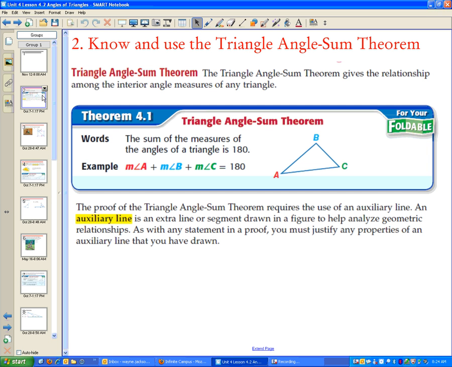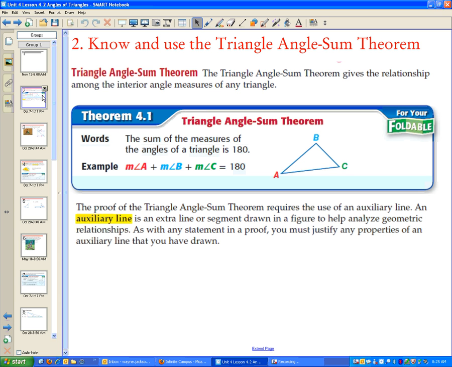On page 244, we have the triangle angle sum theorem, and this gives us the relationship among the interior angle measures of any triangle. Now, you might think, well, all the angles are interior. Well, you're correct so far. Okay? It says the sum of the measures of the angles of a triangle is 180. So if you add the measure of angle A plus the measure of angle B plus the measure of angle C, it will equal 180.